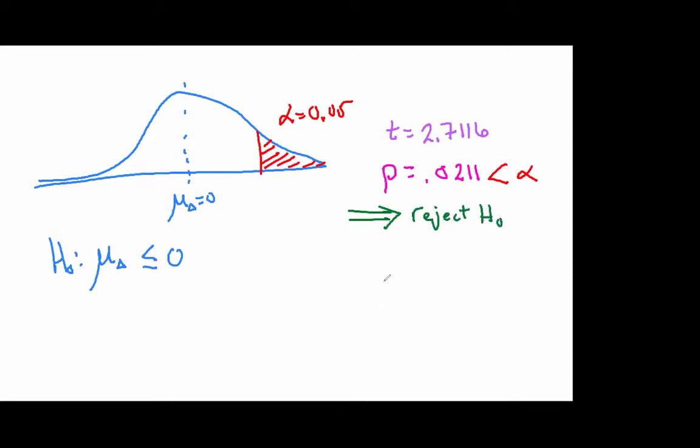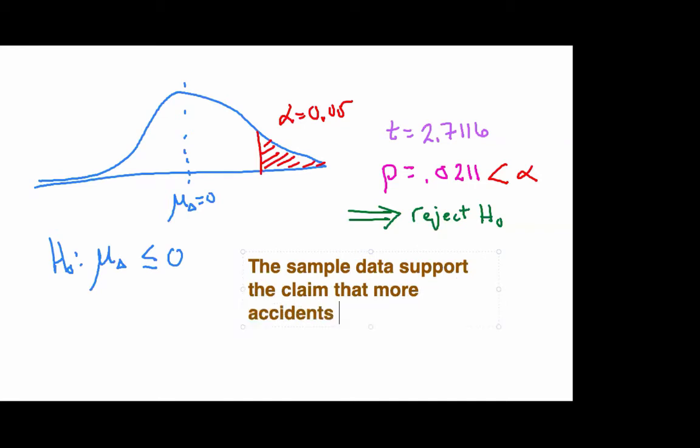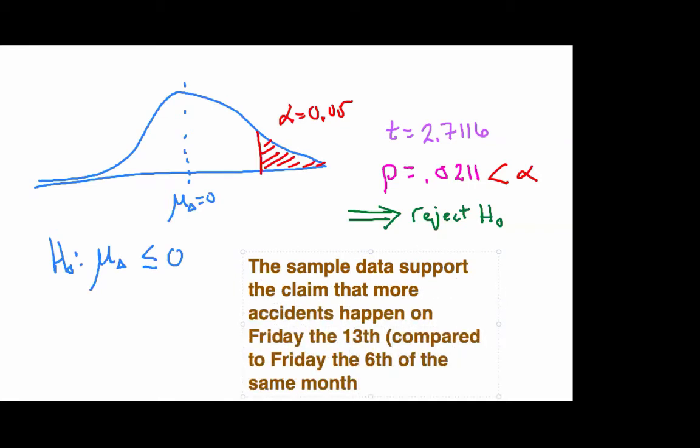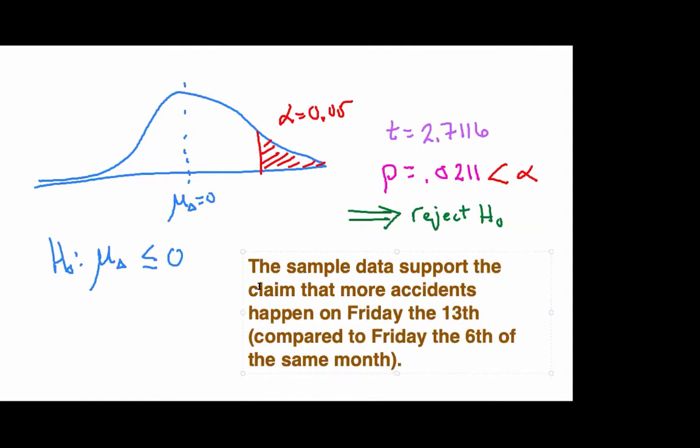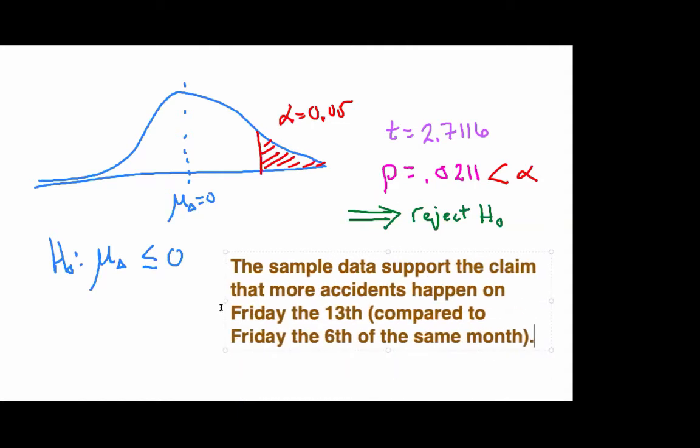So putting this all together, the sample data support the claim. Okay, so that is the restatement of our claim for this statistical test: sample data support the claim that more accidents happen on Friday the 13th compared to Friday the 6th of the same month.